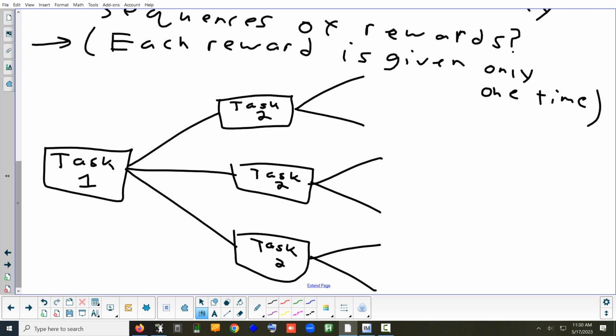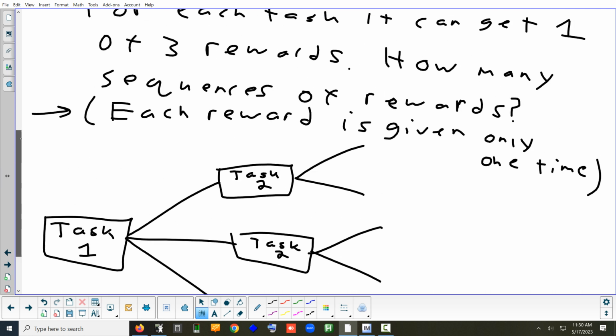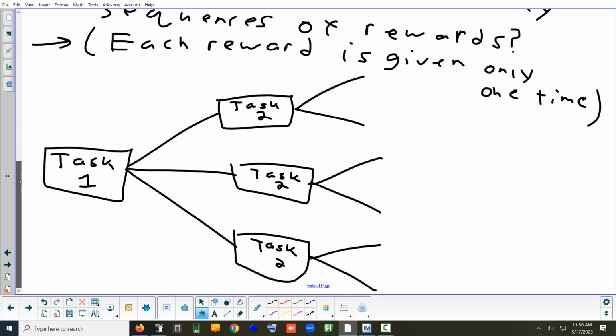The question is how many different sequences of rewards can you get? So you could think of this as reward A, B, and C. This would be reward B or C. How about these 2? What would this be? A and C. Reward A or C, and B and reward A or B.